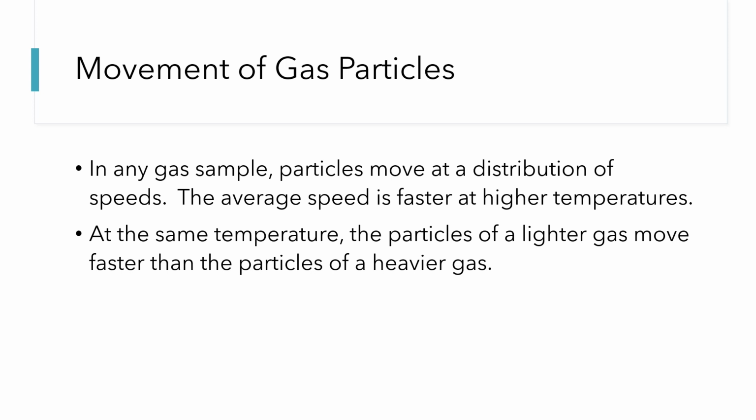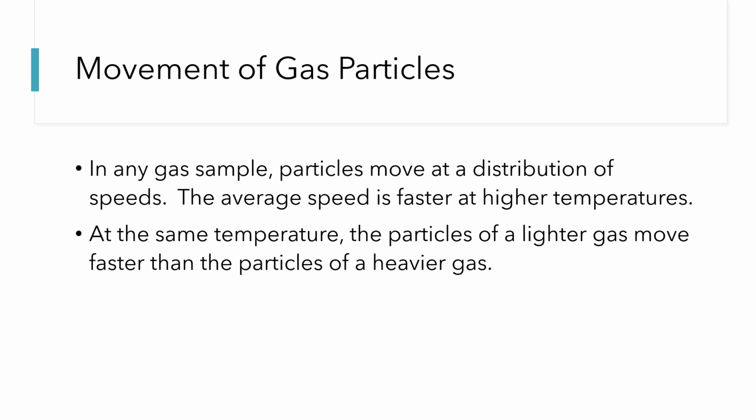In any sample of a gas, the particles move at a distribution of speeds. That means that some particles move faster than others, but their average speed is directly proportional to the temperature in Kelvin. So the average speed is going to be faster at higher temperatures. Now, if we're talking about two different samples of a gas that are at the same temperature, the kinetic energy has another term in it.